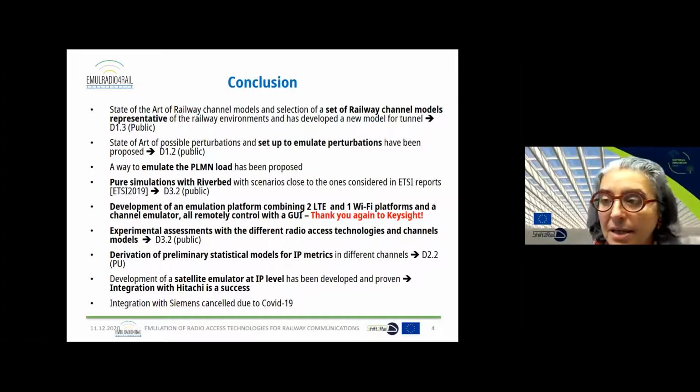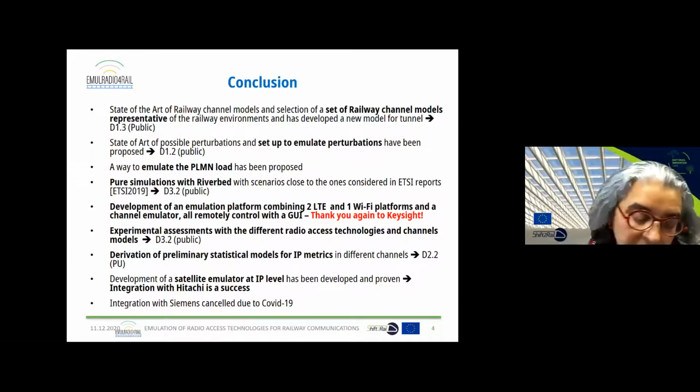Then we also obtained a good state of the art for the possible perturbations, and to see also how to emulate them.